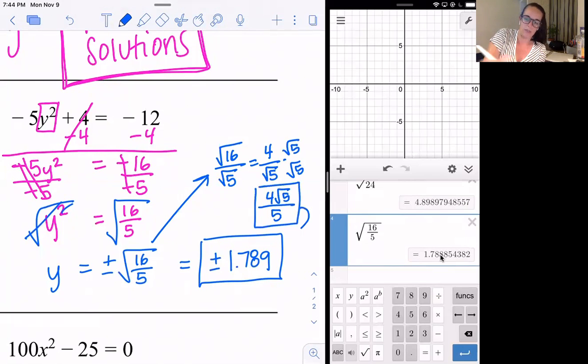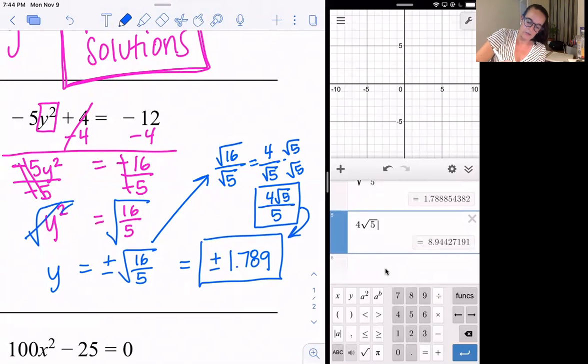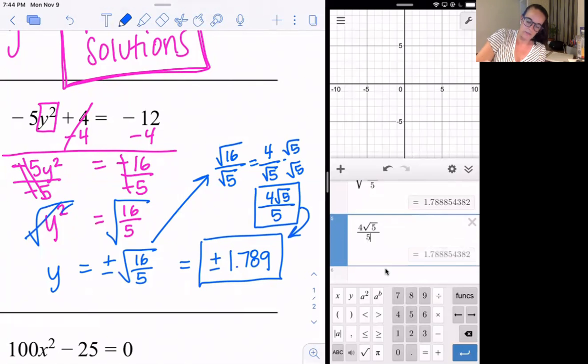This is the same as that. You can see from your calculator. If you type in 4 square root 5, not 14, 4 over 5, you can see that these are the same decimals. So this is true for now. Our best possible answer is going to be our decimal version. This is just if you like the extra stuff.